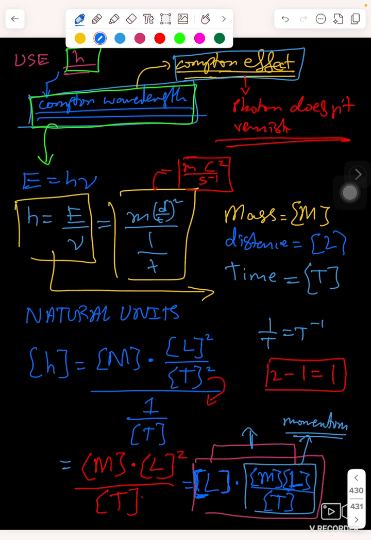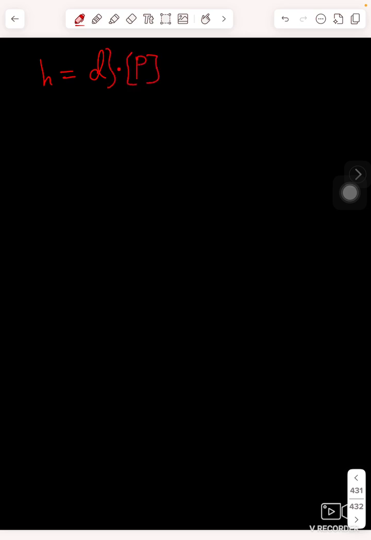So if we rewrite the equation, we can get H is equal to D times momentum. I can also write it as H over D is equal to momentum.